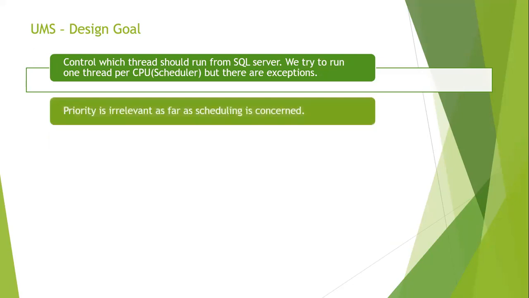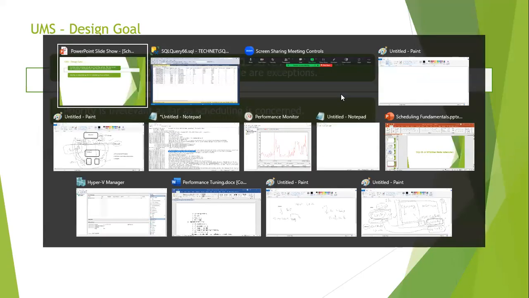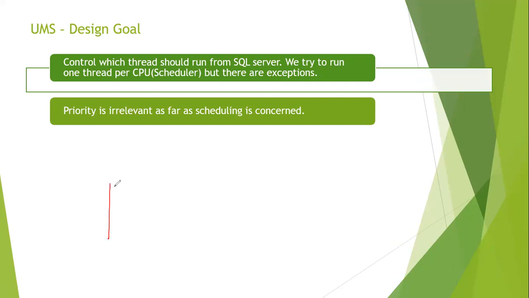Priority is irrelevant as far as scheduling is concerned. How the scheduling works: each thread is sent to the CPU to execute. In SQL there is no high priority thread which has to be sent first, because you have a SQL scheduler, and all threads in the scheduler are SQL threads.